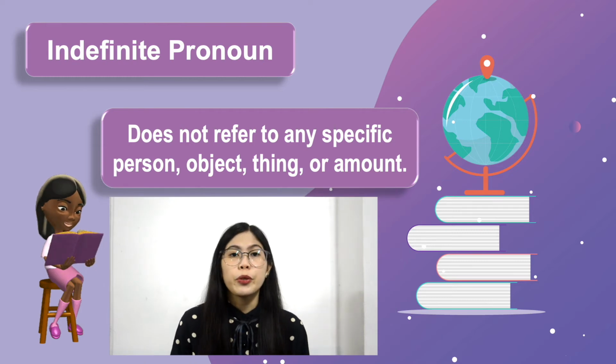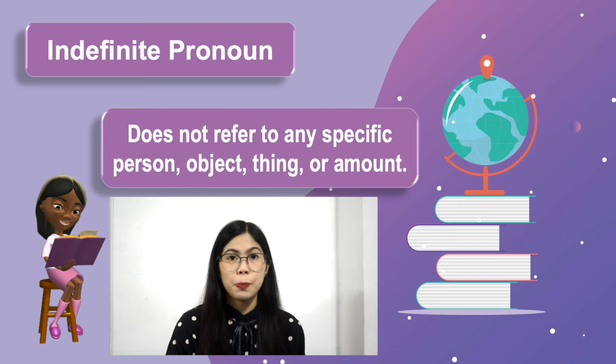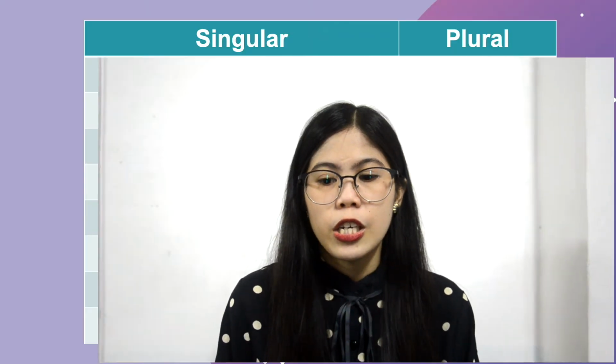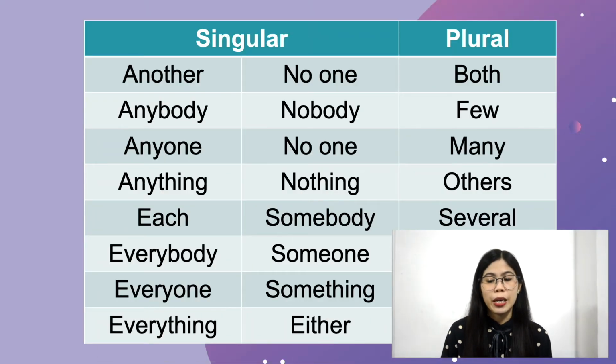And since you are now familiar with the pronoun, let's proceed to indefinite pronouns. So what is an indefinite pronoun? When we say indefinite pronoun, it does not refer to any specific person, object, thing, or amount, meaning it is not specified. So we have here examples of indefinite pronouns that are used as a singular form.